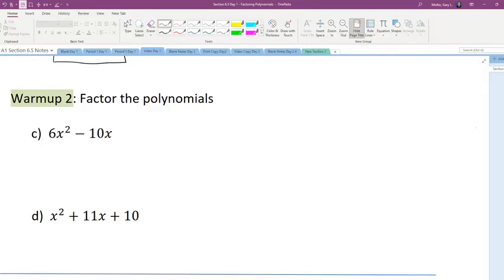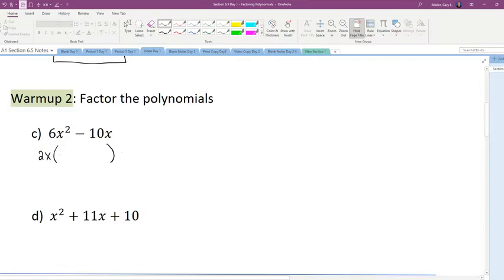And so I look at 6 and 10, and I know that they're both at least divisible by 2, and I don't think anything bigger. And I also see that they both share an x. One's got 2 of them, one's got 1 of them. And so they both have a 2 and an x in common. And so what would I have to multiply 2x by to get the rest of this?